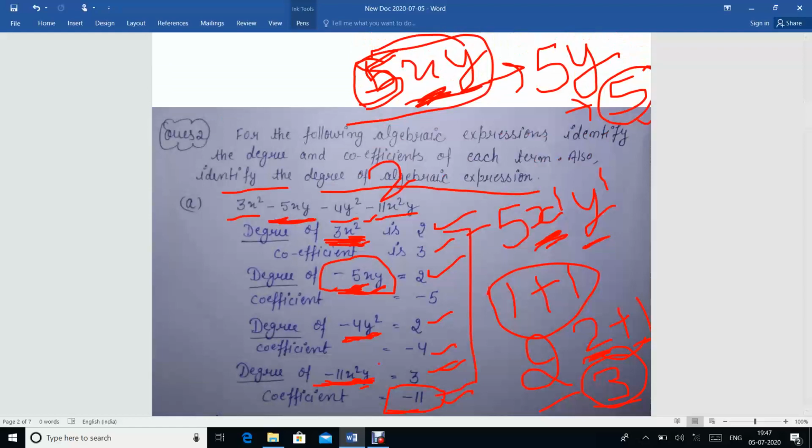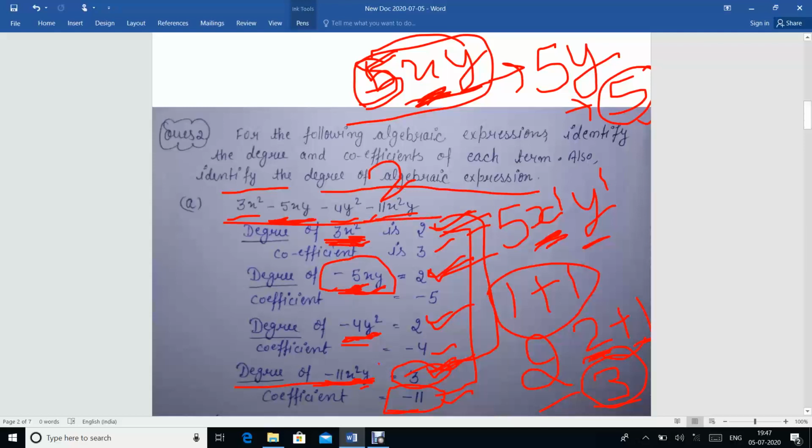Here you can see that the first term contains degree 2, the second term degree 2, the third term degree 2, and the fourth term contains degree 3. 3 is higher than 2, and it is the degree of the fourth term. So 3 will be the degree of the whole algebraic expression.